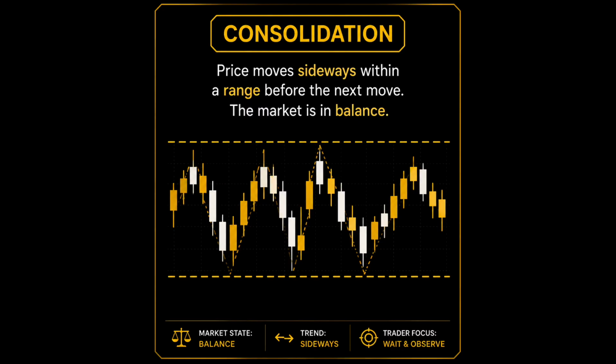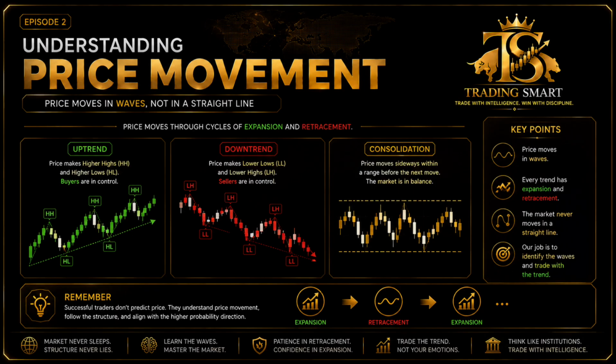Institutional traders don't rely on emotions or guesses. They analyze structure first. Structure helps them identify trends, reversals, continuation opportunities, liquidity targets, and potential areas where large orders may enter the market. Without market structure, trading becomes guesswork. With market structure, every candle begins to tell a story.